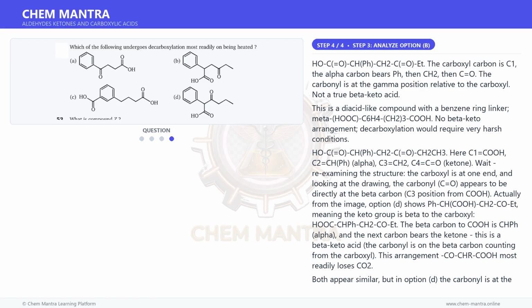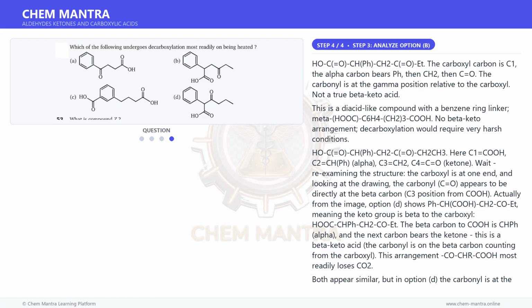Here C1 is the carboxyl, C2 is CH, Ph, alpha, C3 is CH2, C4 is C=O, ketone.